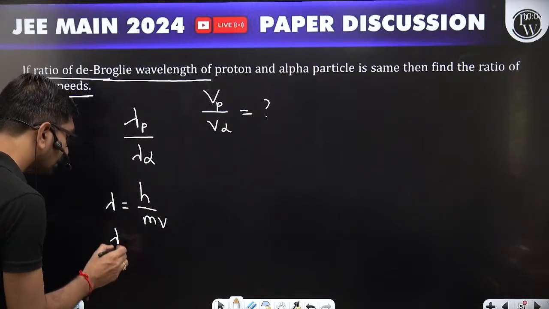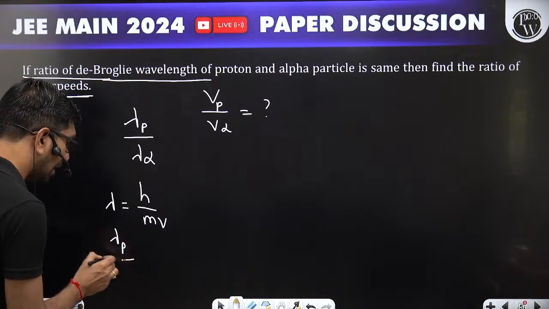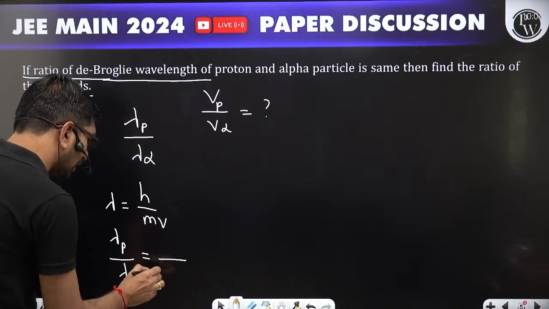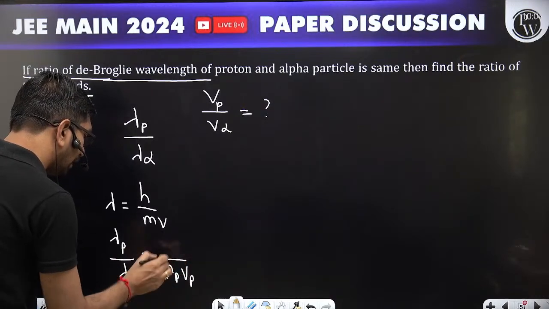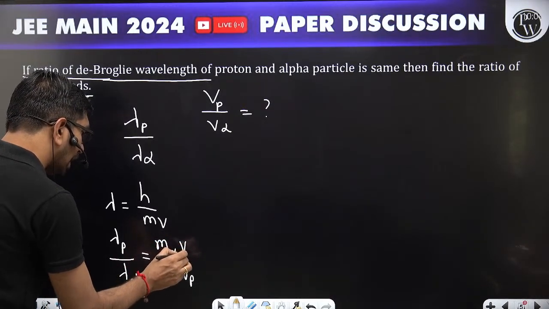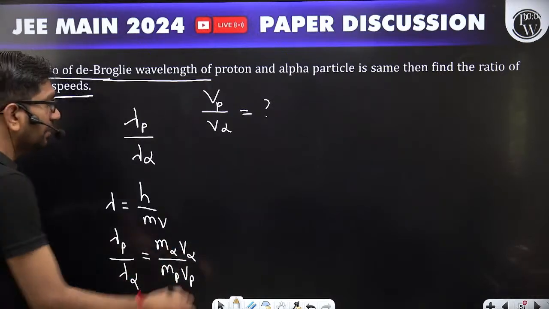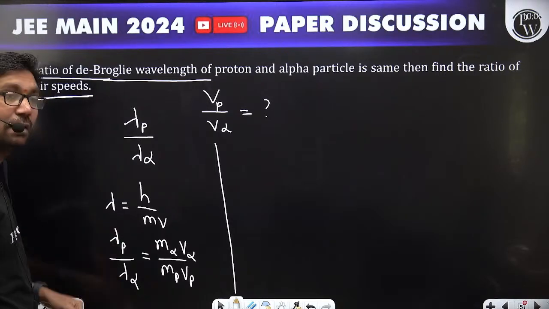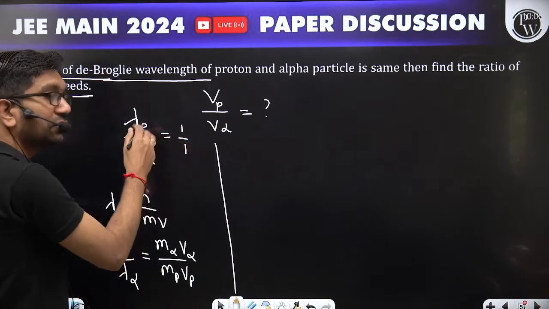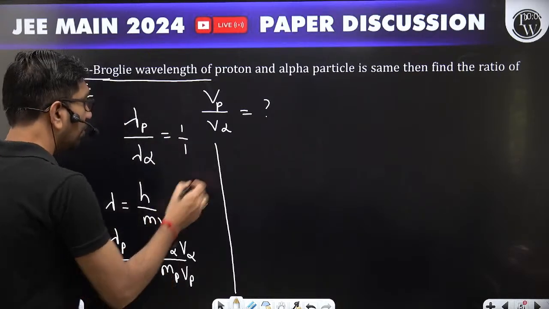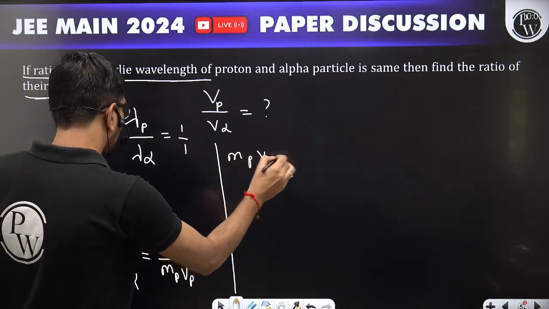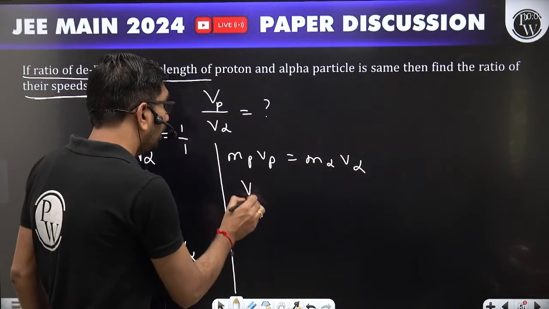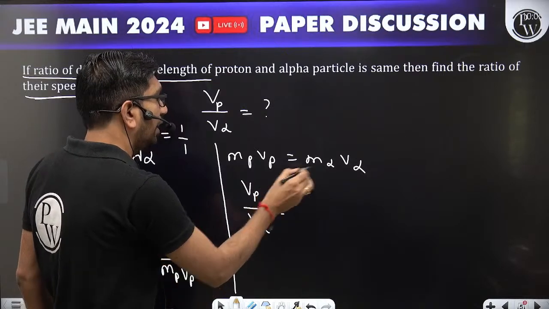Here lambda p by lambda alpha equals m alpha v alpha over m p v p. He has given that lambda p by lambda alpha are equal, so it is 1:1. So m p v p equals m alpha v alpha, and he's asking for v p by v alpha.